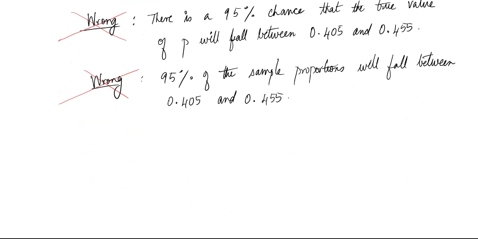So a confidence level of 95% is actually a process that in the long run will result in confidence interval limits that contain the true proportion 95% of the time. So if you had 20 different samples, then you're basically saying, well, 19 out of 20 times, the intervals that you obtain from each of those samples will contain the true population proportion.